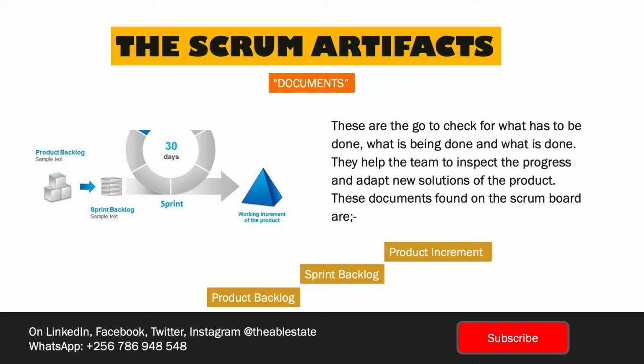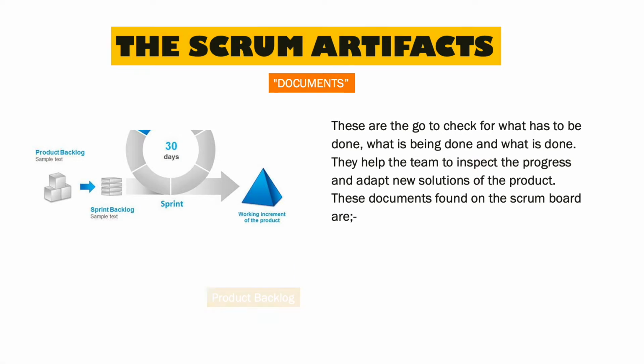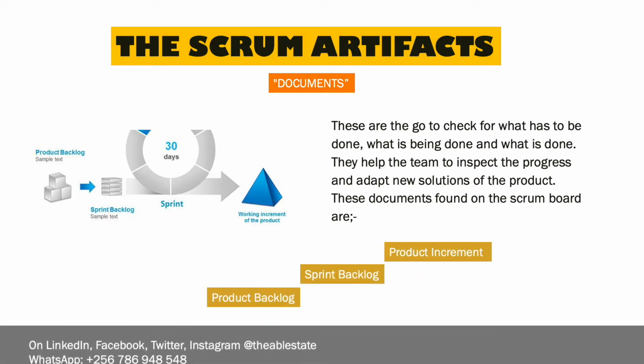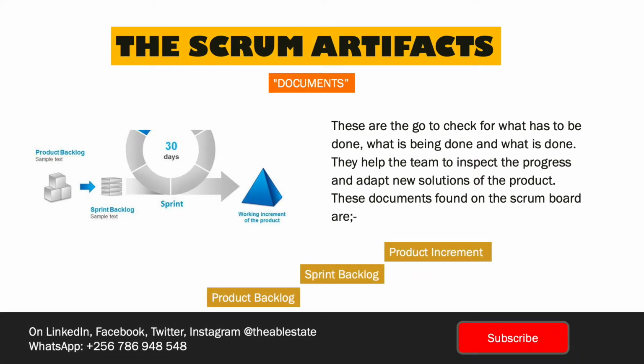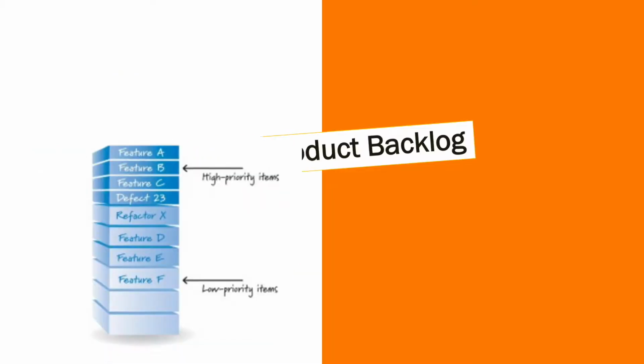These artifacts are the go-to for checking what has to be done, what is being done, and what is done. They help the team inspect progress and adopt solutions where necessary. And these documents are the product backlog, sprint backlog, and product increment.